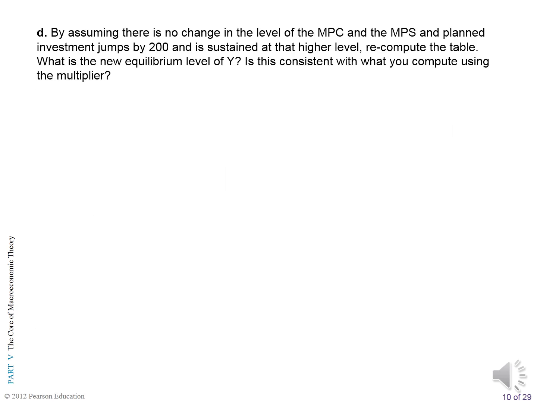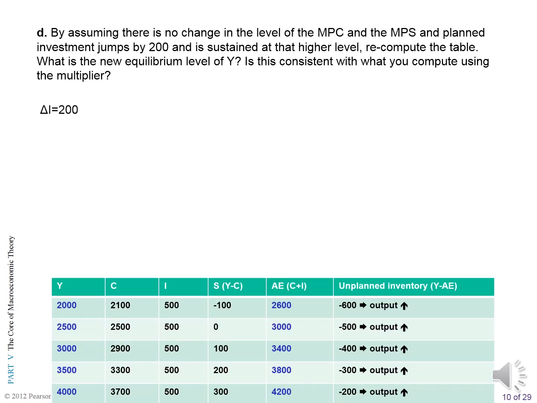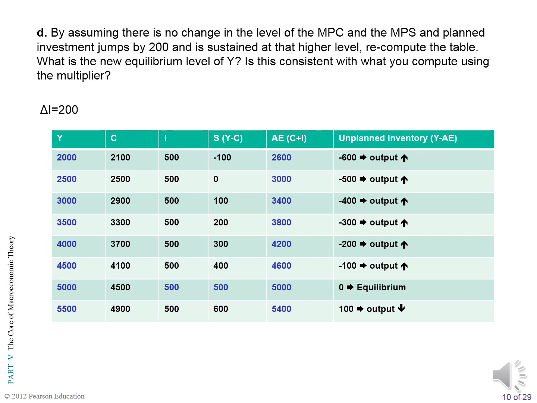طيب by assuming that marginal propensity to consume and marginal propensity to save are constant and the planned investment jumps by 200 and is sustained at that higher level, recompute the table. What is the new equilibrium level؟ عايزك تحسب ال new equilibrium using الايه؟ التيبل. طيب اداني التيبل.